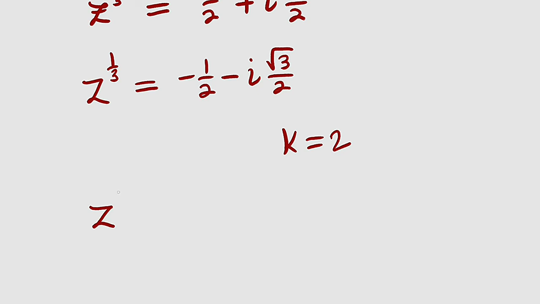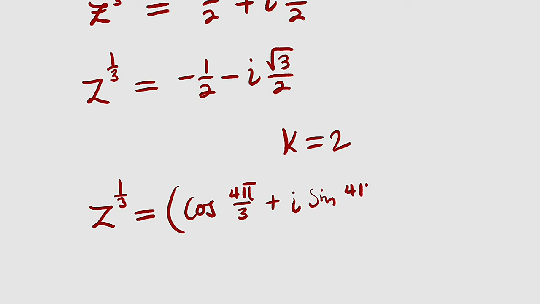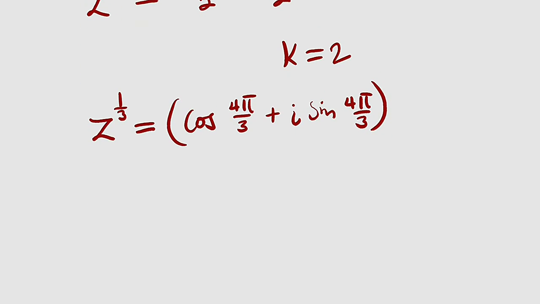So the cube root of 1 will be equal to cosine of 4 pi divided by 3 plus i sine of 4 pi divided by 3. Cosine of 4 pi divided by 3 is equal to negative 1 divided by 2, and the sine of 4 pi divided by 3 is negative root 3 divided by 2.